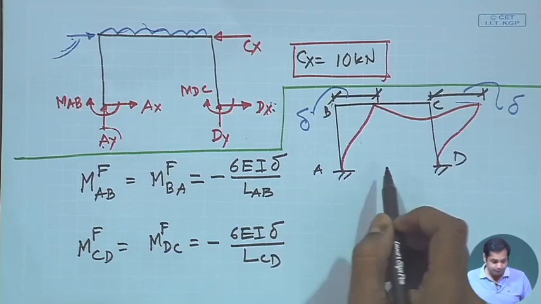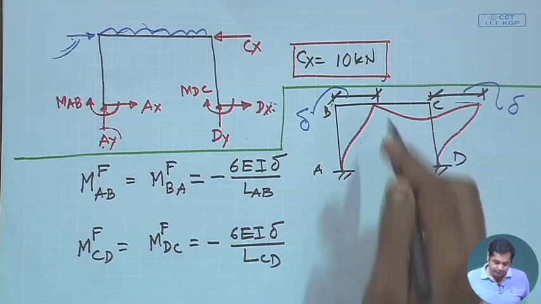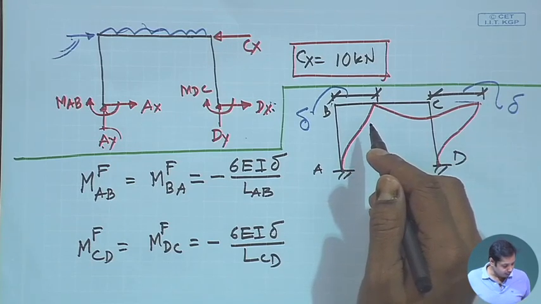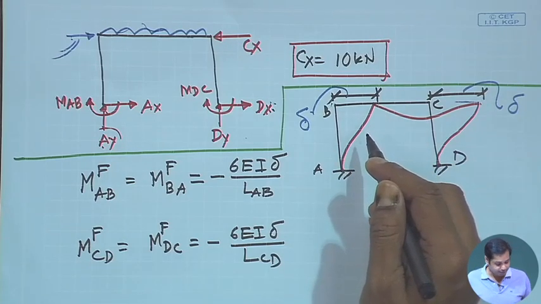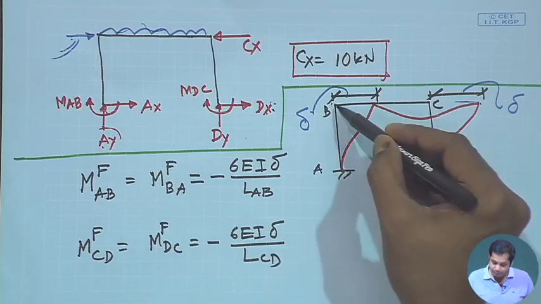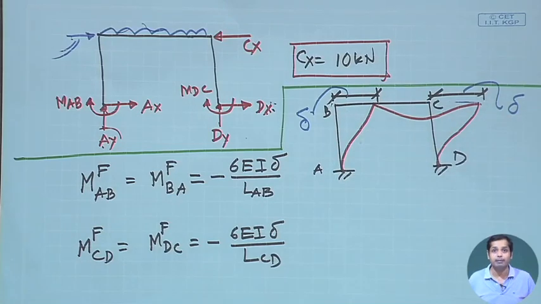There will be no fixed end moment in BC. The fixed end moments we have only in member AB and member CD.